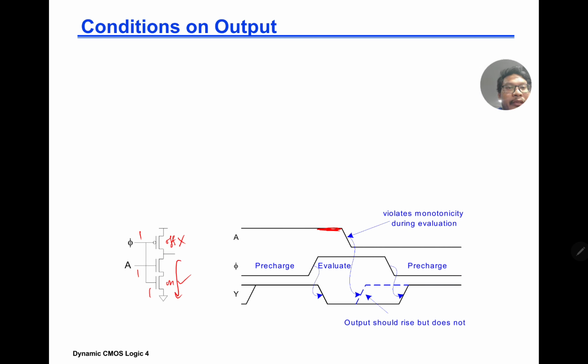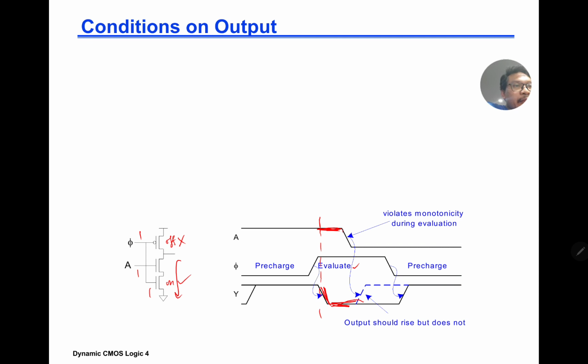Then we're going to discharge, and Y is going to go to 0. So as soon as we have the start of the evaluation stage and it checks that A is 1, immediately Y is going to go down to become 0. So it's basically an inverter.